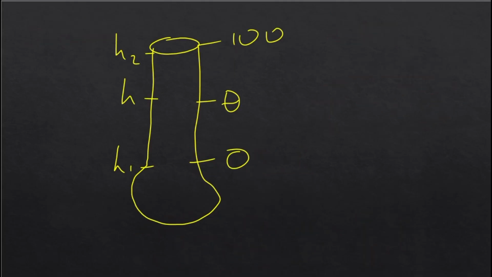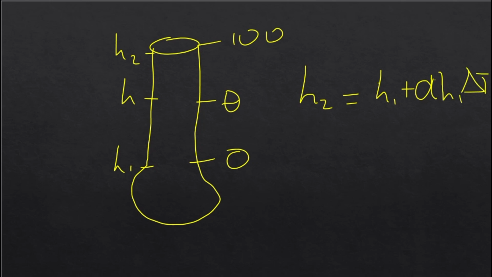The height of the column, let's say H2, will also be equal to the height at H1 plus the coefficient of expansion times the height at H1 times the change in temperature. So you can go back and confirm this on the length and area expansion formulas.